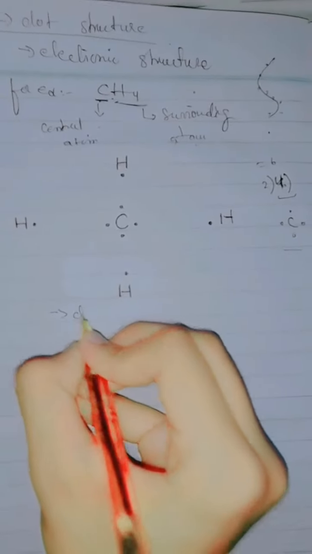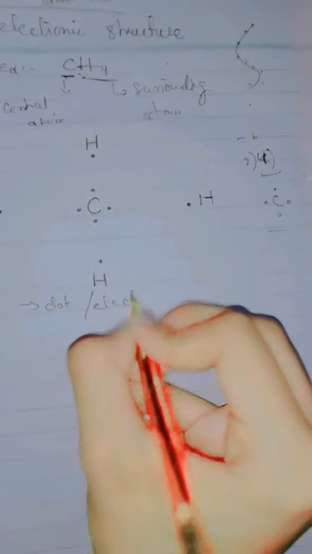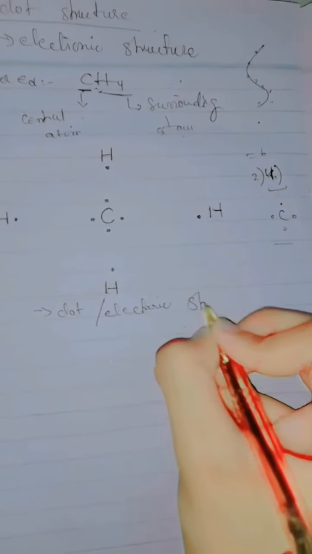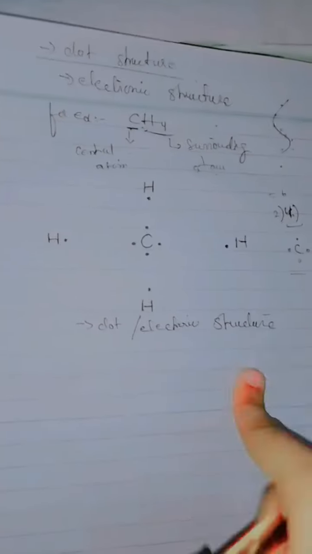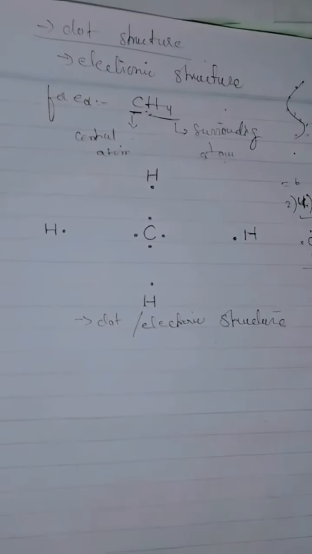Now this whole thing is called a dot or electronic structure. Till here it is called a dot or electronic structure.